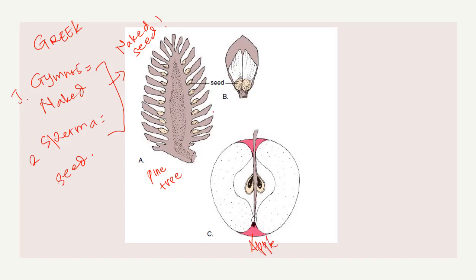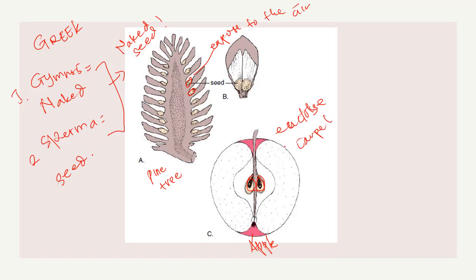Now let's compare the seed. In the strobilus, the seed is directly exposed to the air, while in the apple, the seed is enclosed by a carpel.